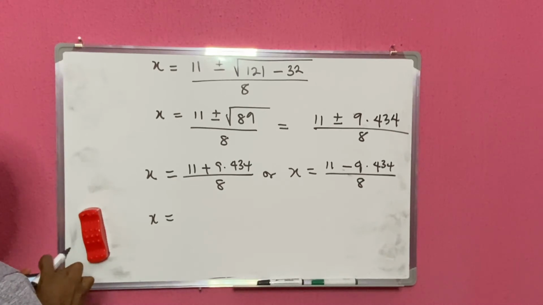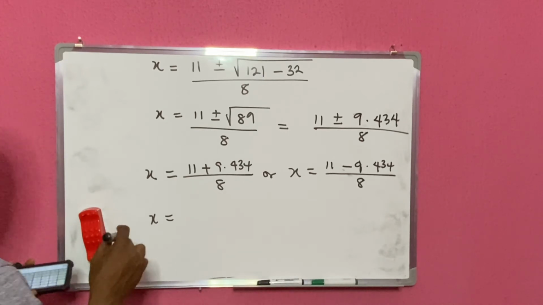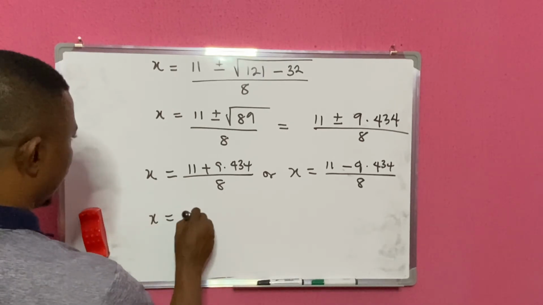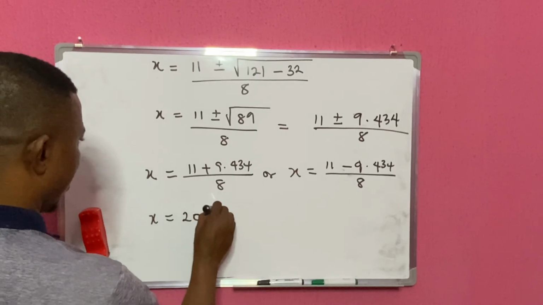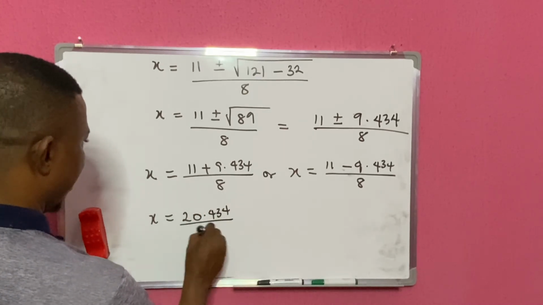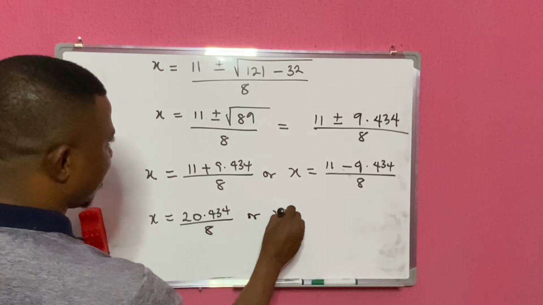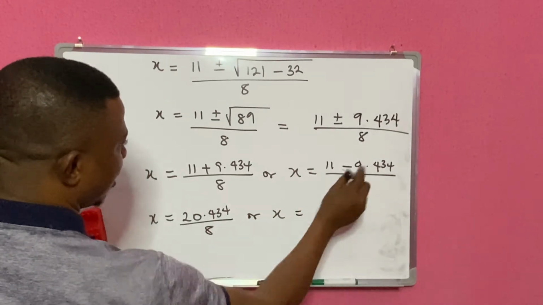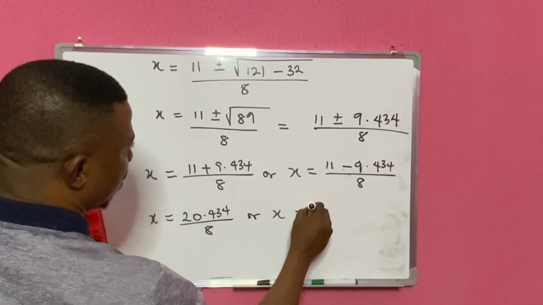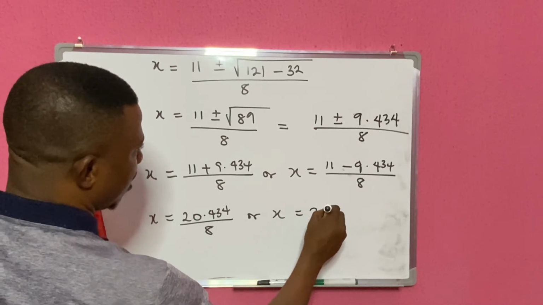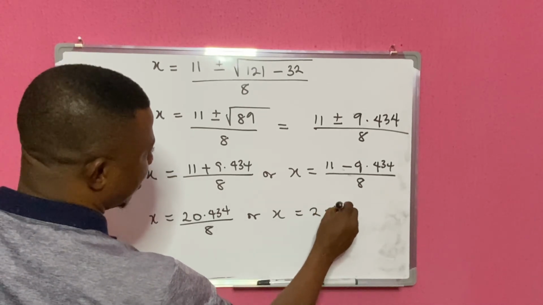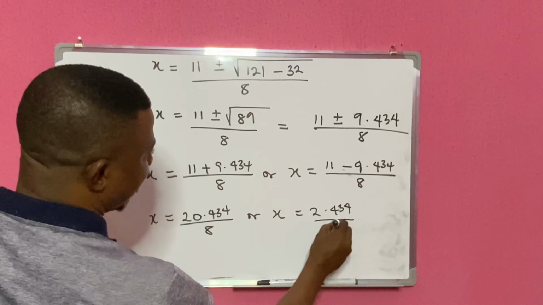x is equal to 11 plus 9.434, that is 20.434 over 8, or x is equal to 11 minus 9.434, that gives us 1.566 over 8.